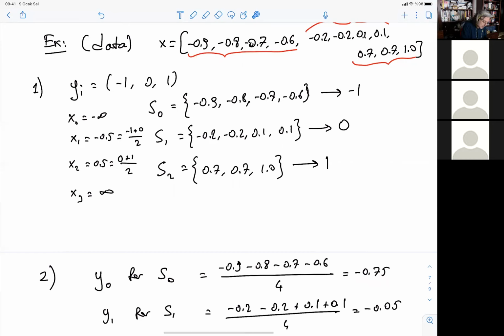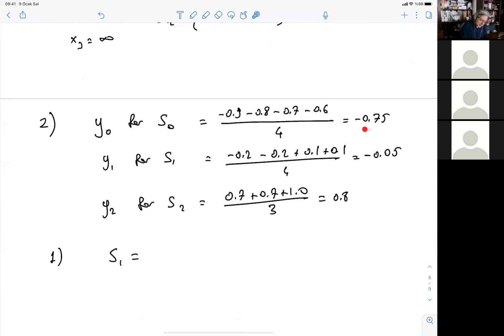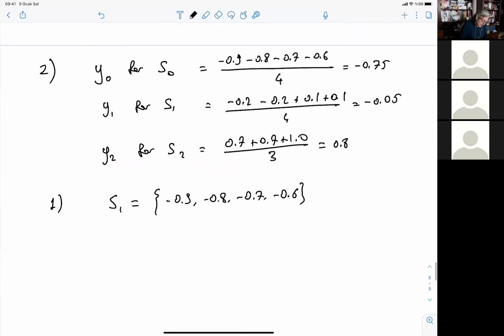This minus 0.9, minus 0.8, minus 0.7, and minus 0.6 will still belong to the class represented by this one. They will be nearest to this again. So S1 will still be equal to minus 0.9, minus 0.8, minus 0.7, and minus 0.6. So it didn't change really.